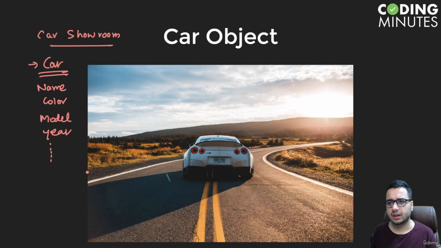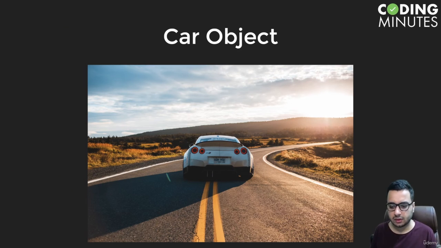A lot of details can be there, and maybe there could be a function that tells me whether this car is in stock or not, or what the price of the car is, or a checkout method, if someone wants to buy this car. So car is a product.